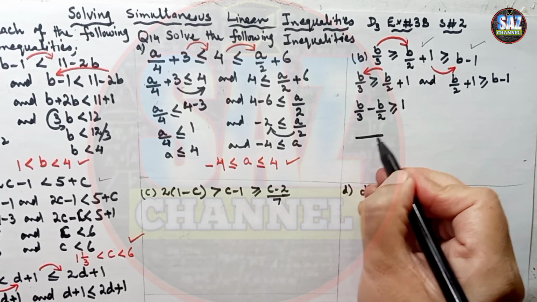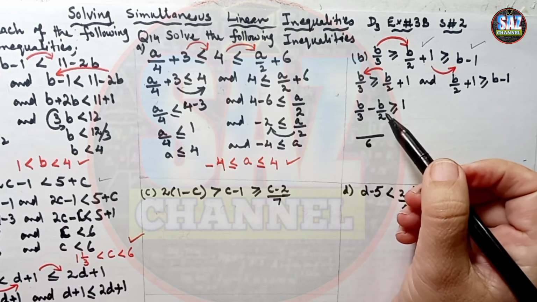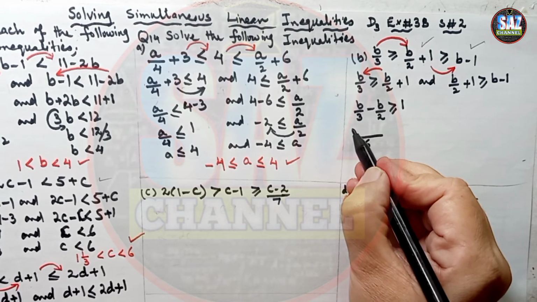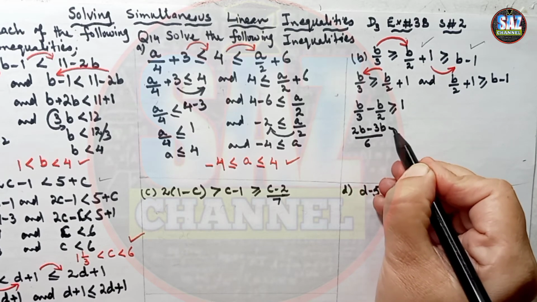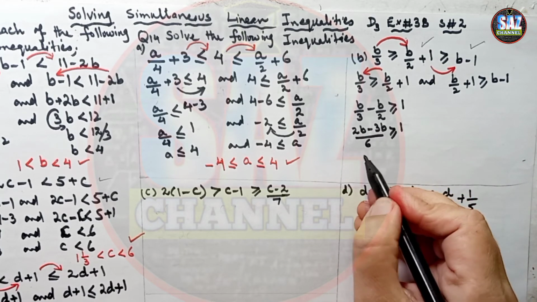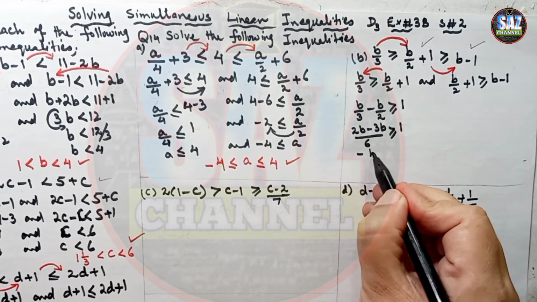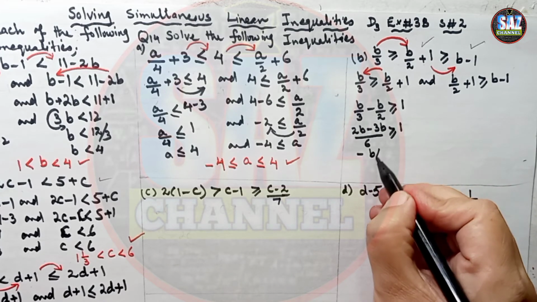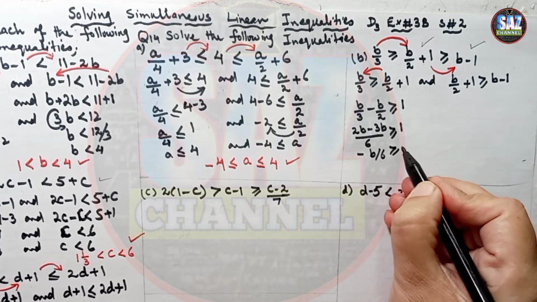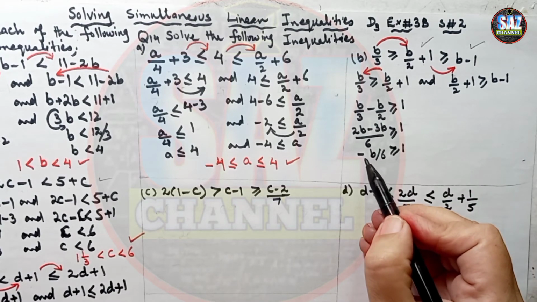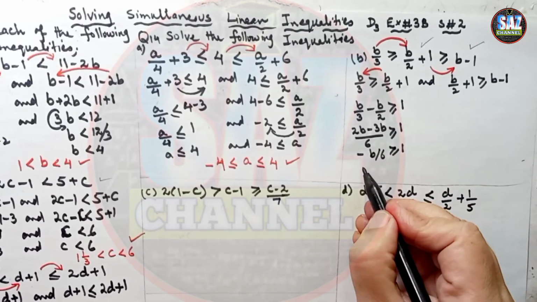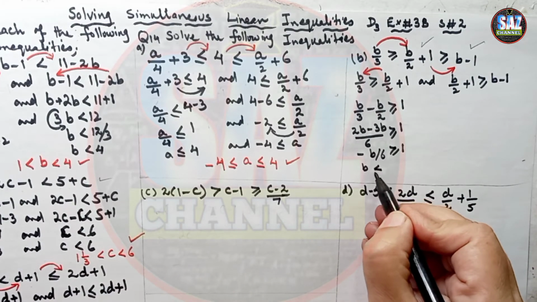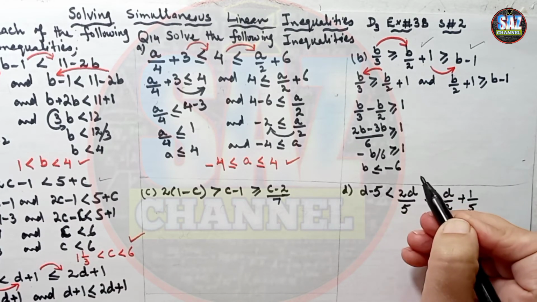Take the LCM. 6 will be the LCM. 2b minus 3b over 6 is greater than or equal to 1, or minus b by 6 is greater than or equal to 1. Now I have to shift this minus 1 or 6 to the other side. So b will be less than or equal to minus 6.